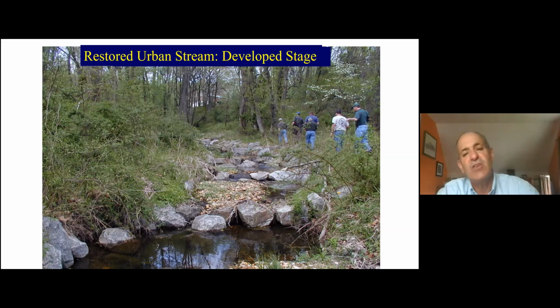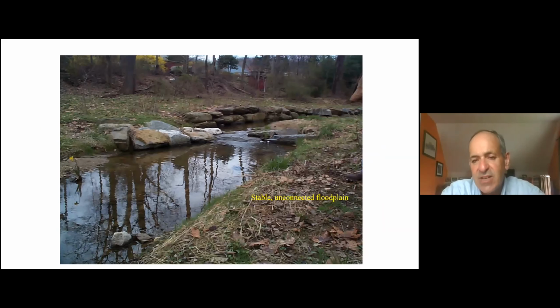And some of these designs are really quite clever. They design different types of restorations for different types of stream reaches. So in some cases, I've got a narrow reach, and I've just got to move the water through it without letting it interact with the surrounding environment. I've just got to transmit the water through it.